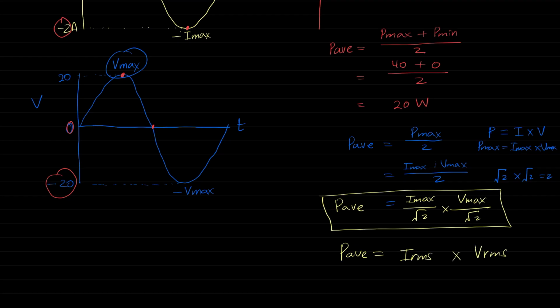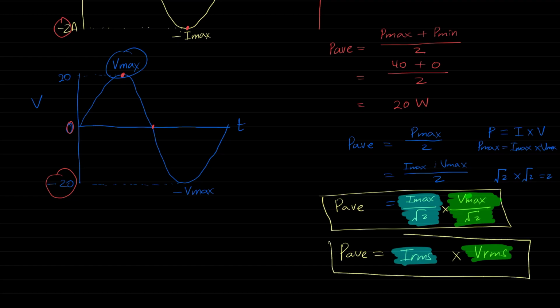And this is how we get the equation that I RMS is equal to I max over square root 2. It's also how we get the equation that V RMS is equal to V max over square root 2. And as a consequence, we get the last equation, which is P average is equal to I RMS times V RMS.